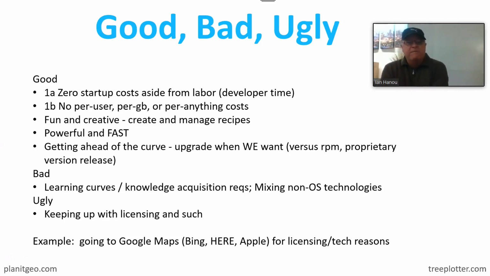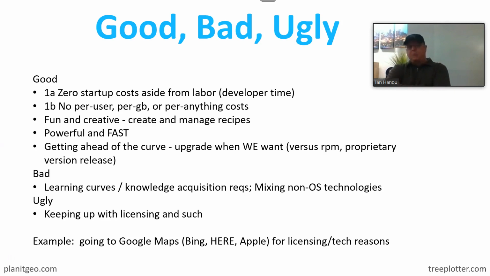Getting ahead of the curve is another good. In other words, we can upgrade these technologies when we want. If you get to know each of the libraries and learn how to work with them and upgrade to different versions and maintain them, you don't have to wait for the RPM, the package managed version, to come out, whether that be for Yum or for apt-get on the Debian platform or the Red Hat repositories or anything like that.